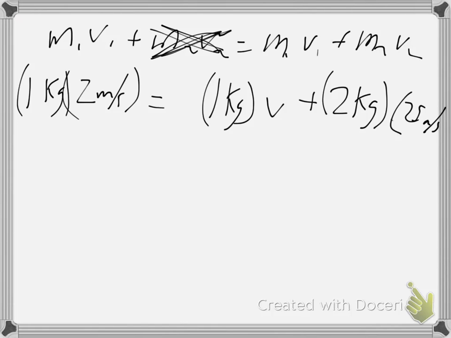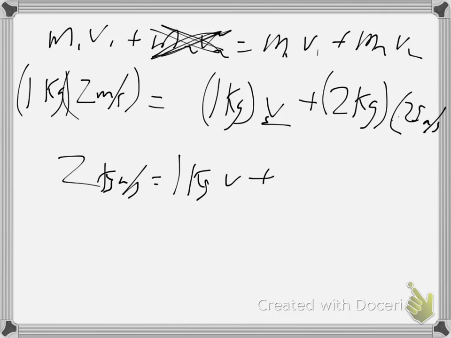meters per second. So, first thing I want to do, figure out what this velocity here is. 1 times 2 is 2, which equals 1 kilogram times v, plus 2 times 0.25. Well, a quarter of 2 is going to be 0.5 kilogram meters per second. So, what I need to do is subtract this 0.5 from each side.